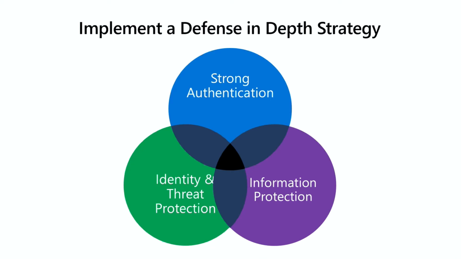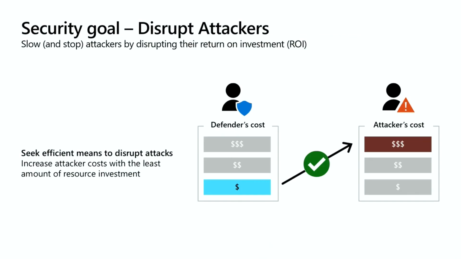So if it is accessed, the attackers can't compromise that because it's encrypted and protected at its core. Really, the goal is to protect your data with the least cost to you and make it the hardest for the attackers so that their ROI doesn't make sense.